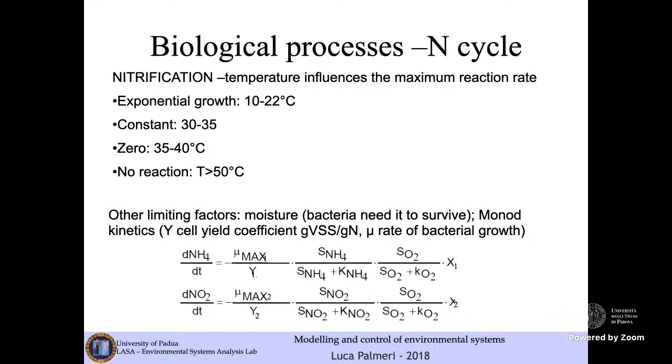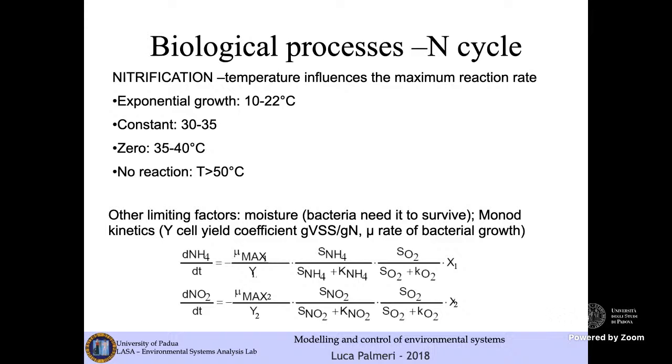What are the biological processes in the nitrogen cycle? Nitrification is for sure the most relevant, in which temperature influences the maximum reaction rate. We have an exponential growth process between 10 and 20 Celsius degrees.